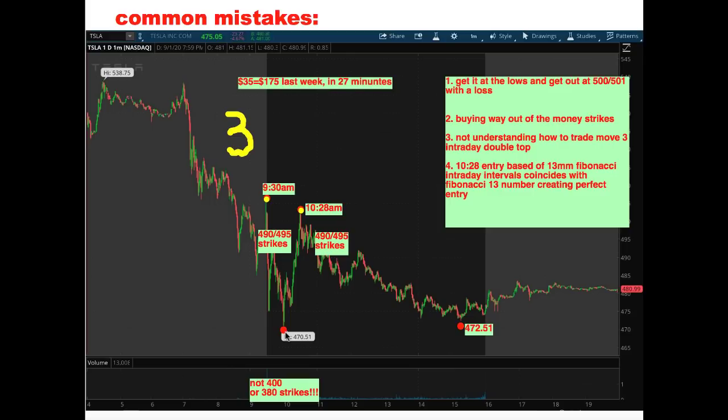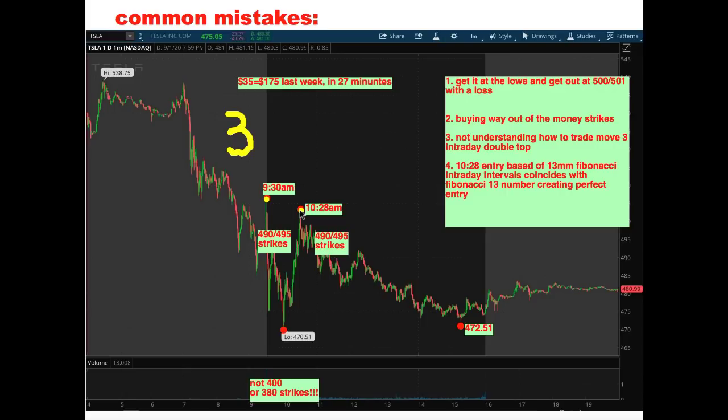So the second trade, the second bounce, is the most highly profitable bounce. In a move 3, most of these bounces will happen within the first hour and 15 minutes. If you also knew the 13 market moves, entries, and exits from the new course, you would have known that 10:28, this bounce right here, perfectly matches one of our specifics on the entries.